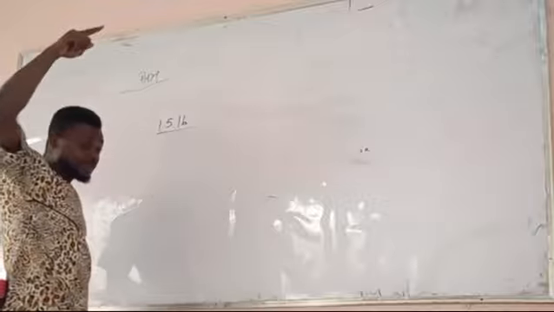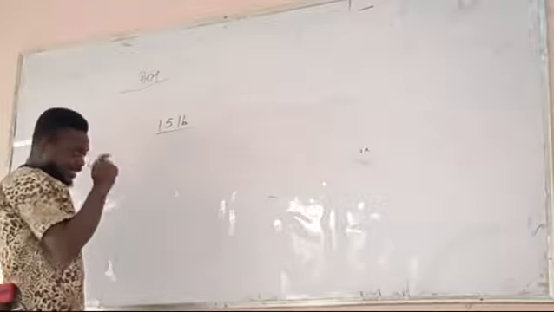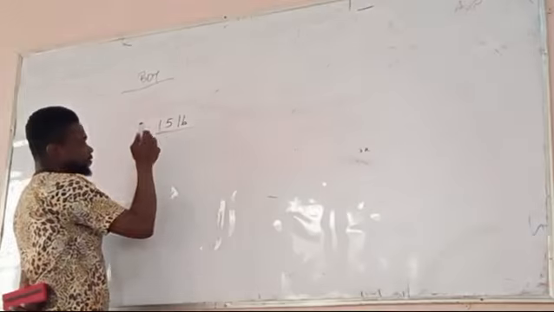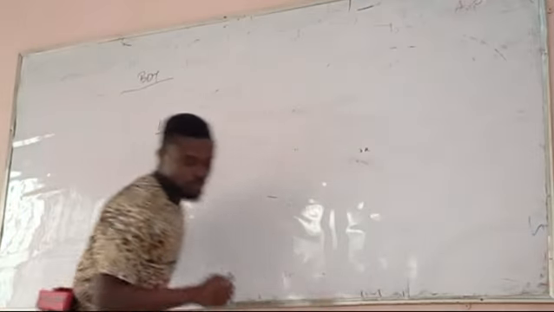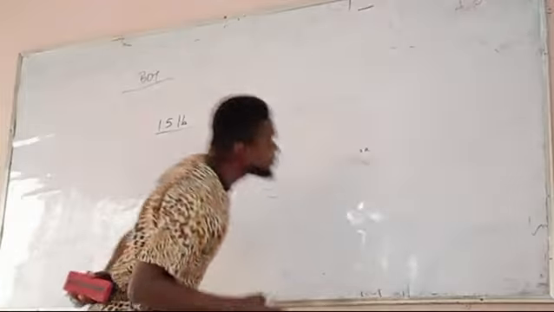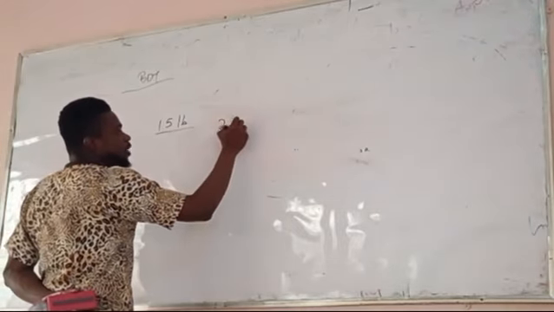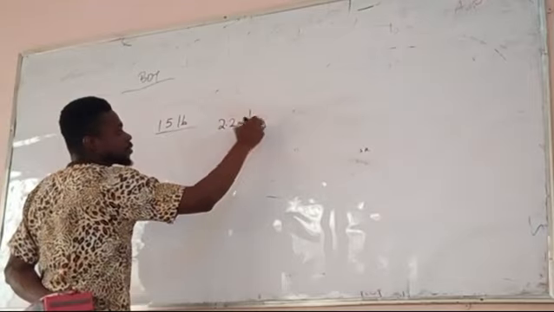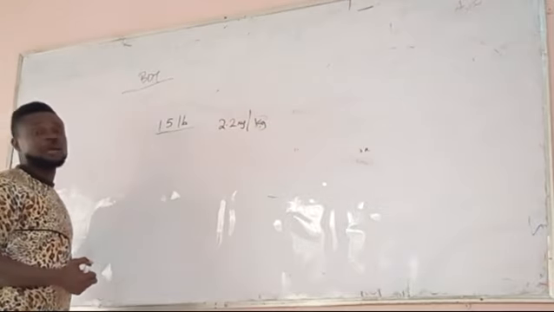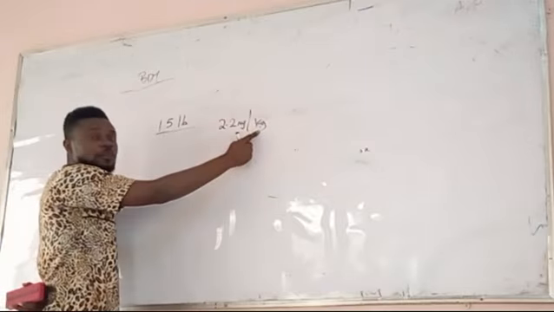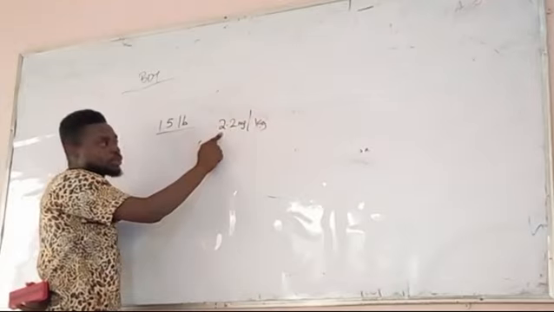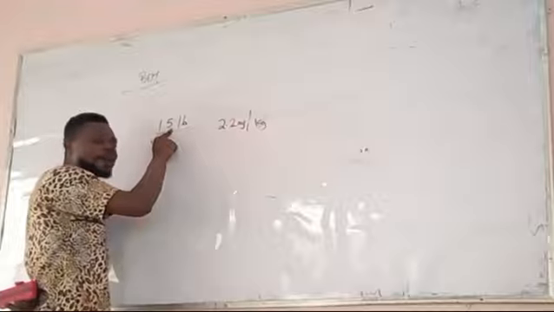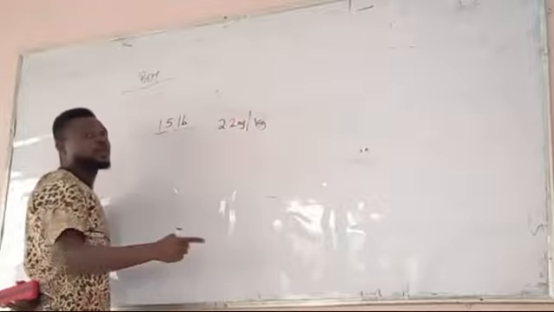Remember from the statement, we are told that the doxycycline should be delivered at 2.2 milligram per kilogram. So per kilogram weight of the patient requires 2.2 milligrams. So that means we need to convert this weight from pounds to kilograms before we can do anything.